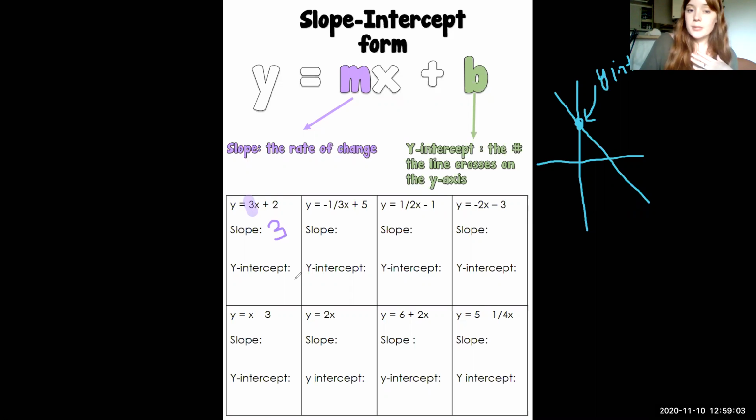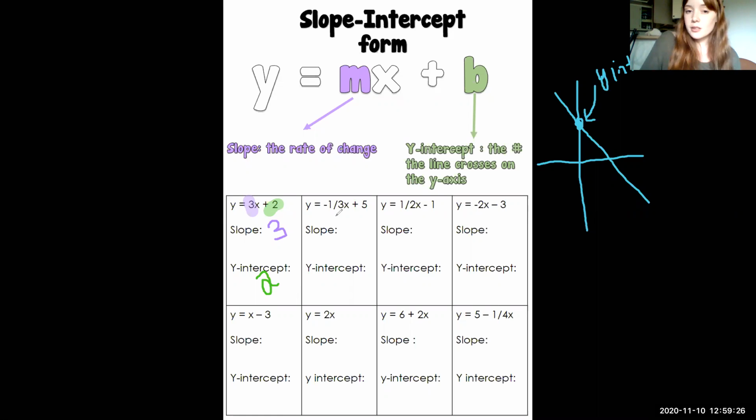Our y-intercept is the thing that is being added to that, which is 2. So that's how you tell what the slope is and what the y-intercept is. In the next video, we'll learn how to graph using this information. But right now, we're just focusing on those two things.